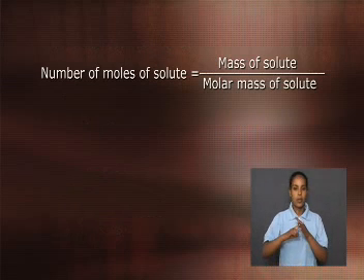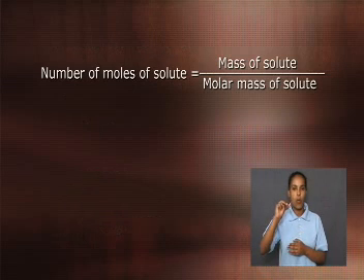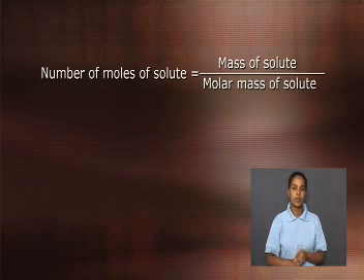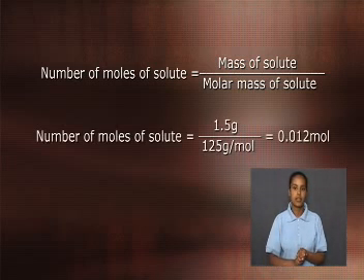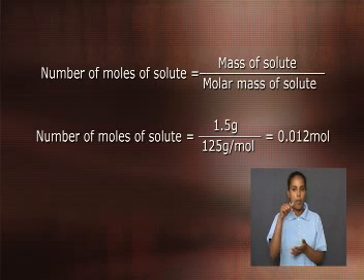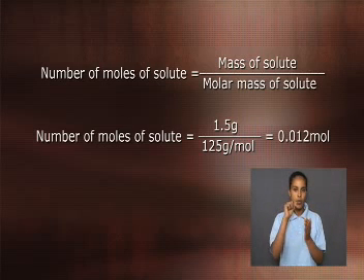To begin, we will determine the number of moles in the solute. I'm sure you remember that in order to do this, we must divide the mass of the compound by its molecular mass. Therefore, 1.5 grams divided by 125 equals 0.012 moles.